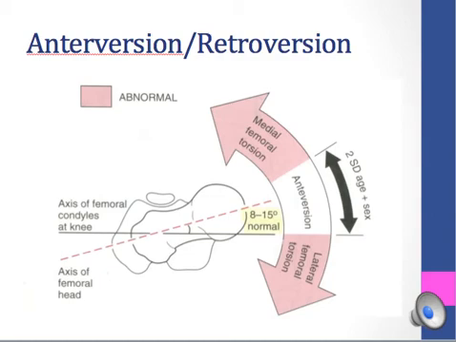It increases joint degradation, weakens the joint, and we'll see a lack of external rotation at the hip joint. Retroversion is the opposite. We're going to see a lack of internal rotation with retroversion and an excessive external rotation for stability.